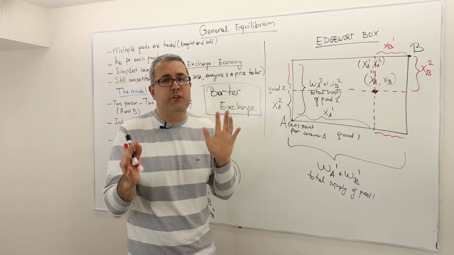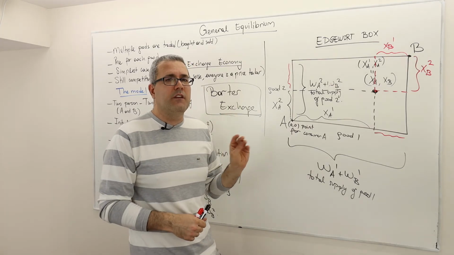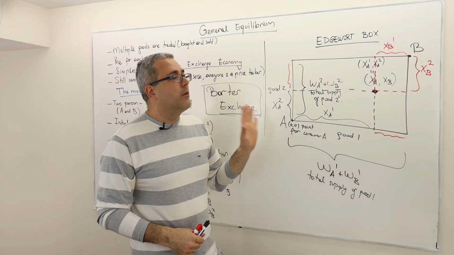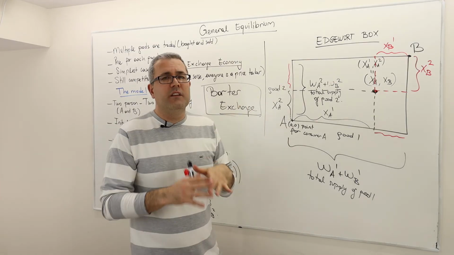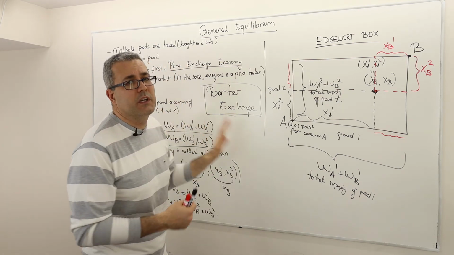I'm sorry, I keep confusing it with efficiency, but I will define that later. It's another very important concept. Again, this box contains all the feasible allocations available in this economy.